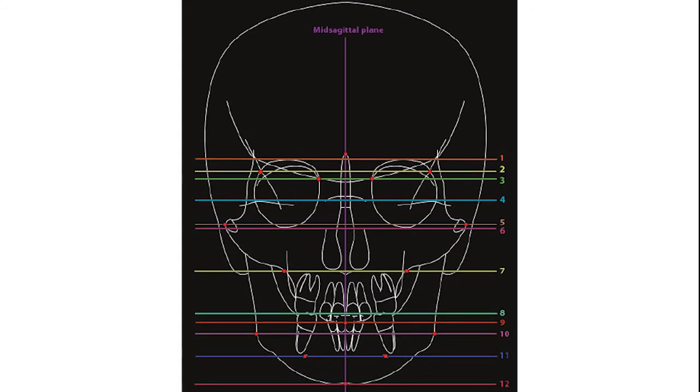Okay, let's continue with the posterior anterior cephalometric radiography. Individuals presenting with facial asymmetry require evaluation of the facial skeleton in the frontal view with a posterior anterior cephalometric radiograph. This radiograph is ideally taken with the patient in natural head position.